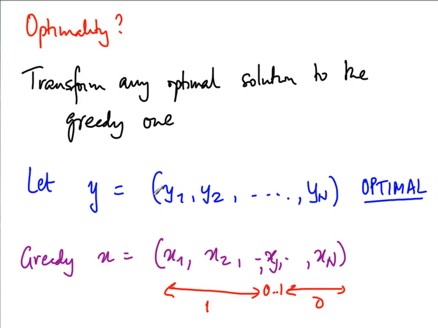We have no idea how the y's were actually computed. We only know that y is optimal, but we can assume that it is reported in the same way as x. That is, y1 and x1 correspond to the same bag, y2 and x2 correspond to the same bag, and so on. We are not assuming that y is constructed in the order 1 to n, just that it is reported in that order.